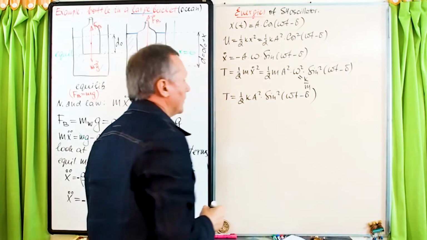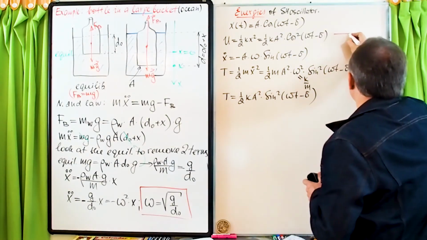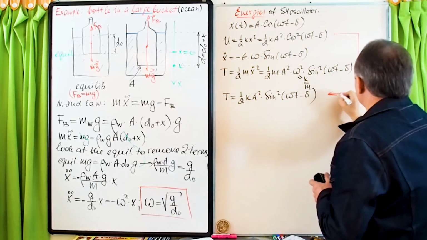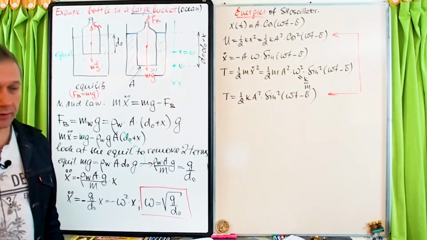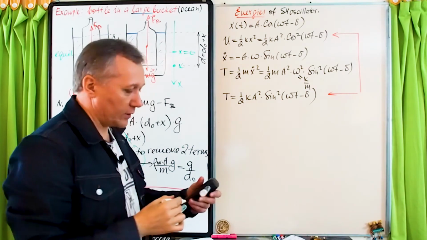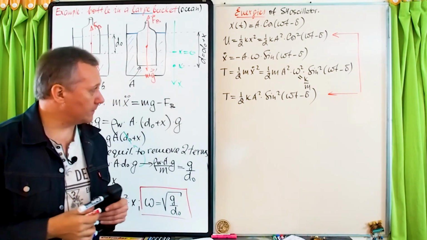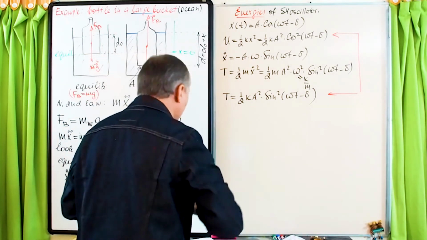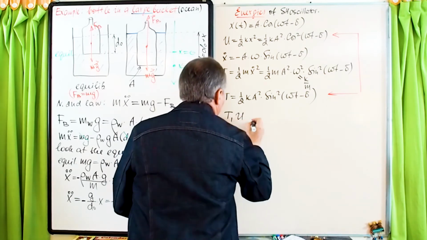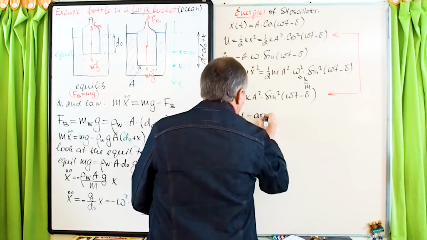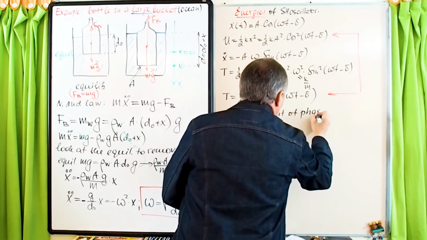So both kinetic and potential energies oscillate between 0 and 1 over 2 k a squared, out of phase. Again, never negative, right? And out of phase. So let me write T, U out of phase, right?